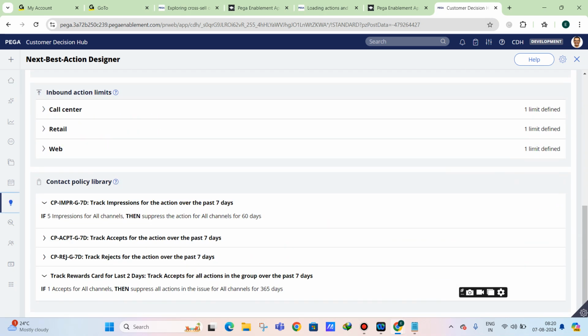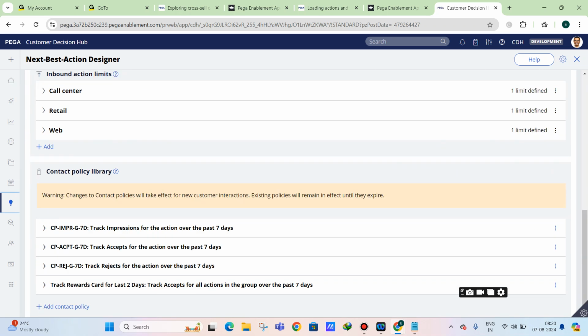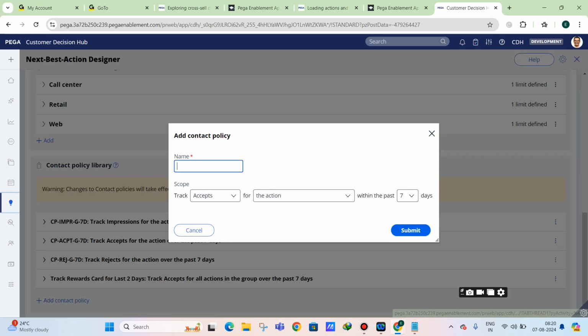One more thing we need to cover is an option Pega has provided. For example, whenever I am creating a contact policy, say track accepts for the last 1 day. That is my requirement.